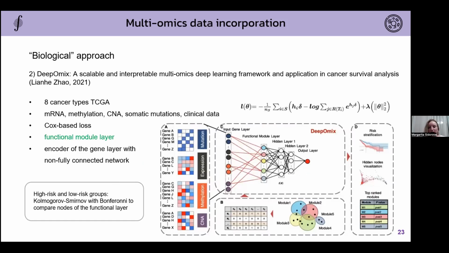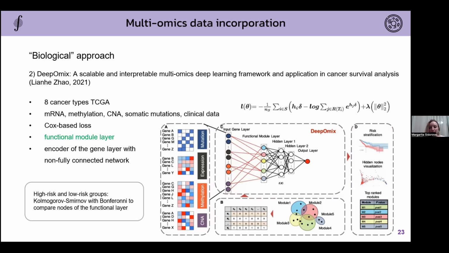However, here they thought that these multi-omics data may be interconnected with each other, because methylation shows us, for example, inactive gene regions. So, for example, a low level of methylation will be where our gene expression is high, and so they will be interconnected. And so by that, they included a functional module layer in the network.